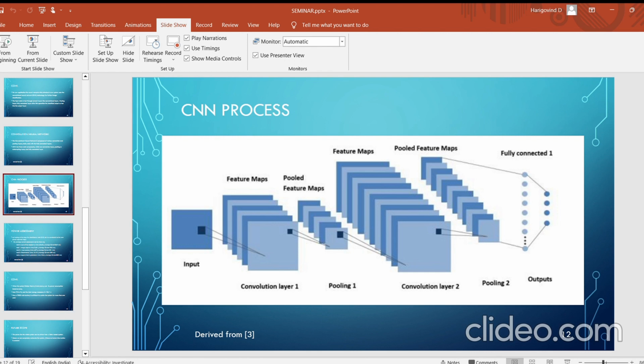The pooling layer downsamples the data, which can be further used for other processes.